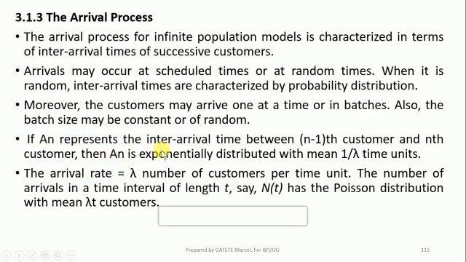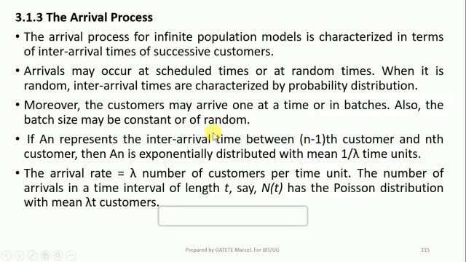If A_n represents the interval time between the (n minus 1)th customer and the nth customer, then A_n is exponentially distributed with mean 1 over lambda time units.